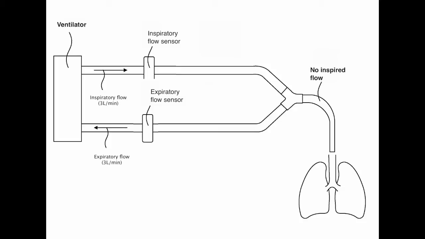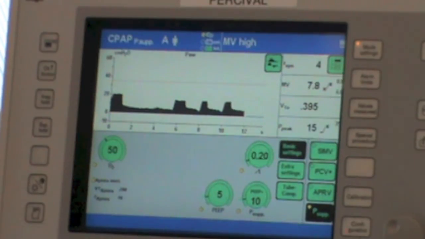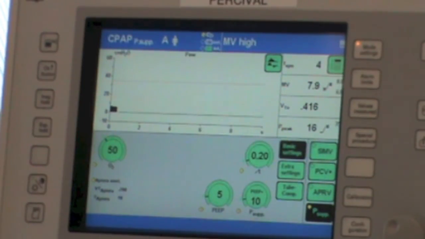This flow is known as bias flow and occurs at a constant rate, for example 3 litres per minute, and is monitored by an expiratory flow sensor. When the patient attempts to breathe in, the flow of gas reaching the expiratory flow sensor falls. This triggers the ventilator to provide inspiratory support.